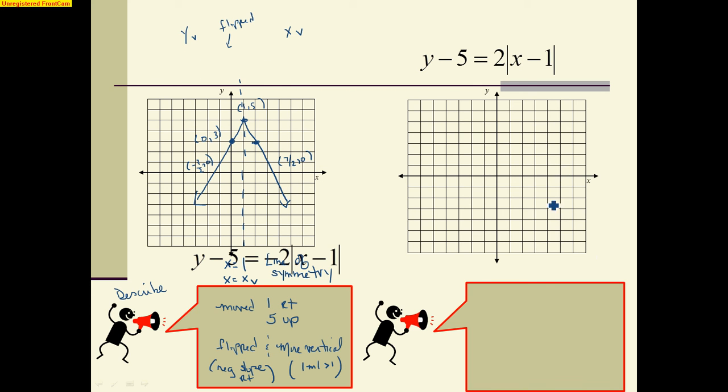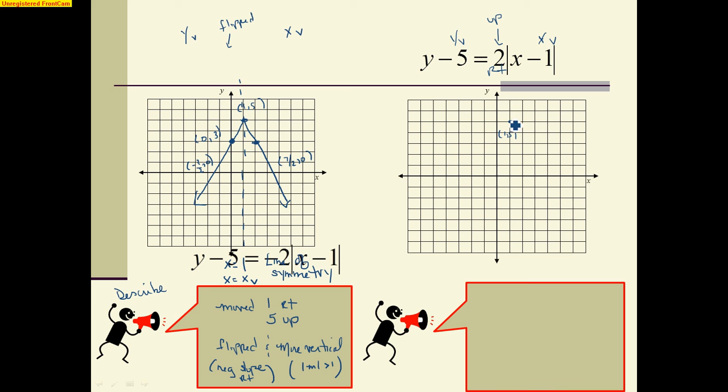I still have the same vertex at 1, 5, x coordinate of the vertex, y coordinate of the vertex. Slope is positive, so I open up. And remember, this is the slope to the right of the vertex. So 1, 2, 3, 4, 5.